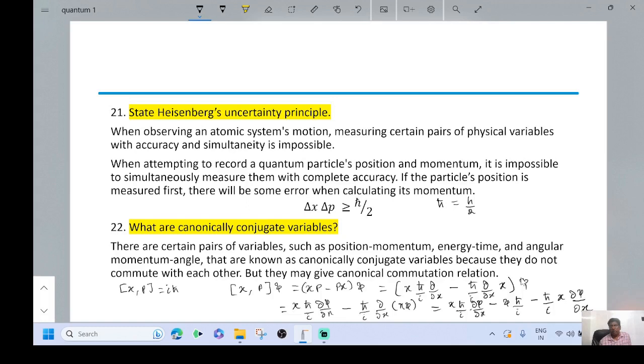The terms x h cross by i dou psi by dou x cancel out. You can get minus psi into h cross by i. This is equal to i h cross into psi. The commutator x comma p acting on psi is i h cross psi. Therefore, x comma p inside the square bracket is equal to i h cross.